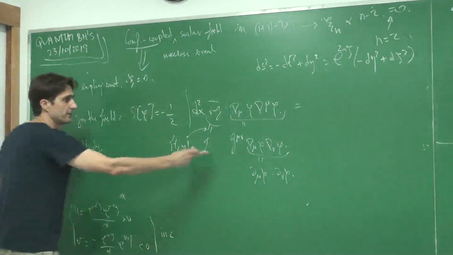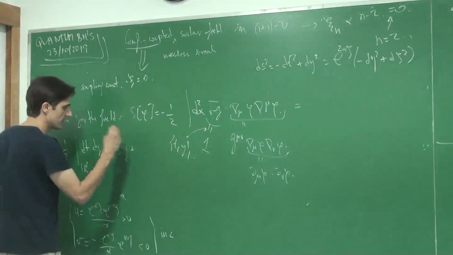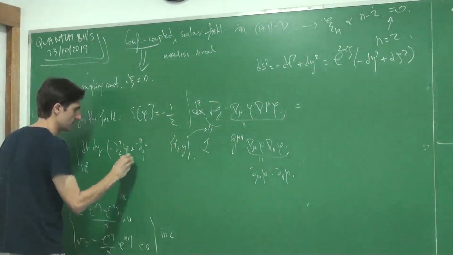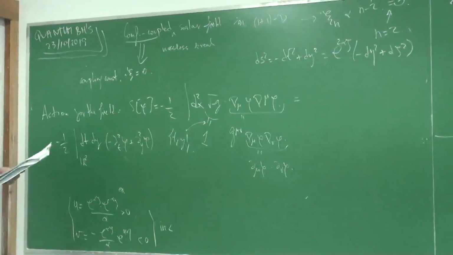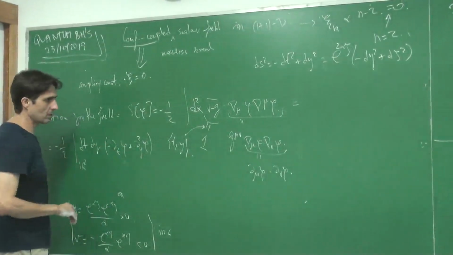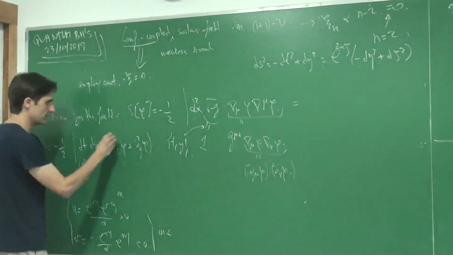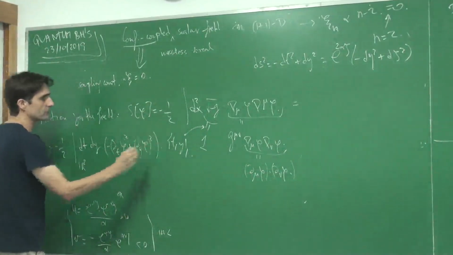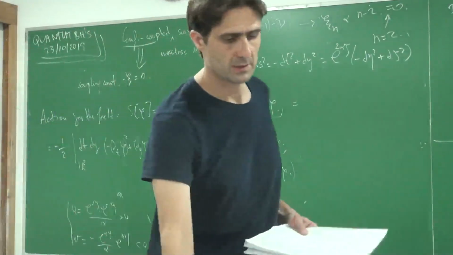And then you just have minus the partial derivative with respect to t squared, plus the partial derivative with respect to y squared. That's just the action for the field; it's not second order derivative, but squared, so that's first order derivatives. You can do the same in the eta and zeta coordinates.